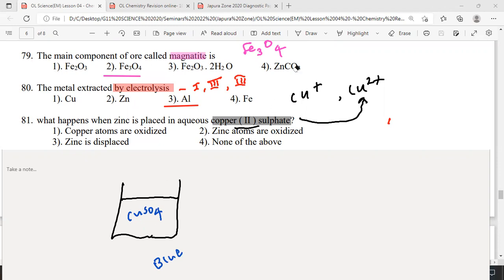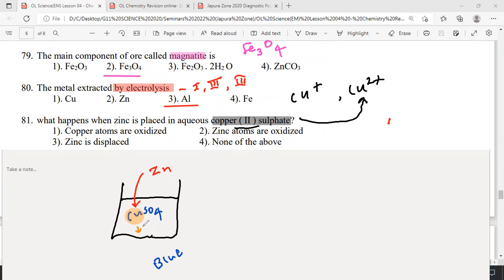Zinc is more reactive than copper. Zinc is above copper in the activity series. Therefore, copper gets displaced by zinc, and copper will be deposited at the bottom as reddish brown.